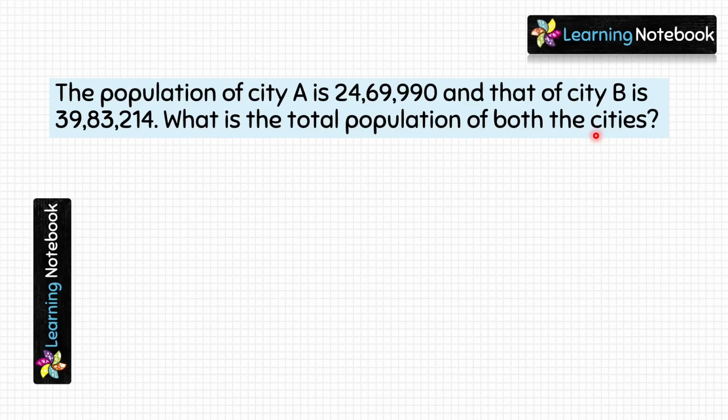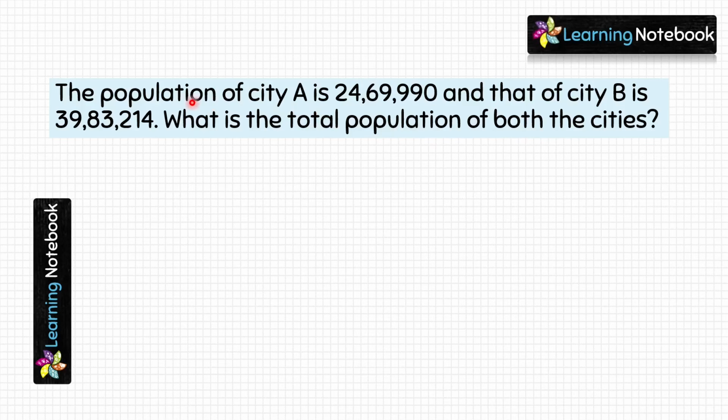Students, to solve any word problem, first it is important to understand that word problem and identify whether it is of addition or of subtraction. So here, let's first understand this word problem.